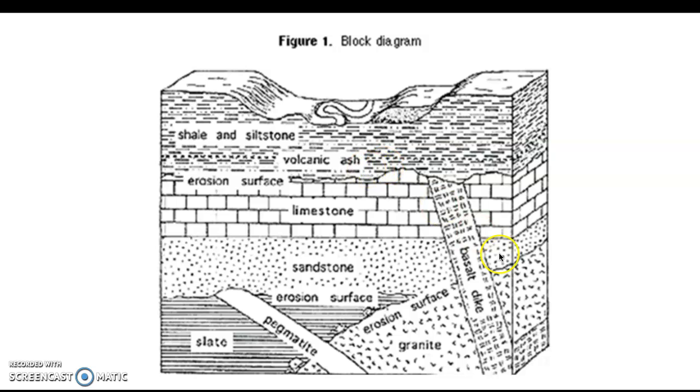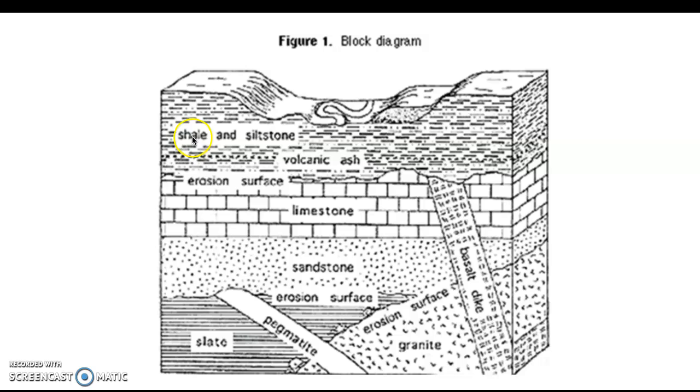Okay, and then we have volcanic ash. I don't think it would have been this one because there's no evidence of an eruption here. But there's been a lot of volcanic activity happening in the area with the granite, the pegmatite, and the basalt. Somewhere in the same area, there was a volcanic eruption depositing volcanic ash, which solidified into rock on top of the limestone, on top of this erosion surface, on top of this basalt.